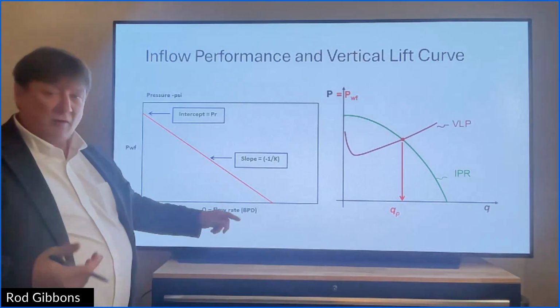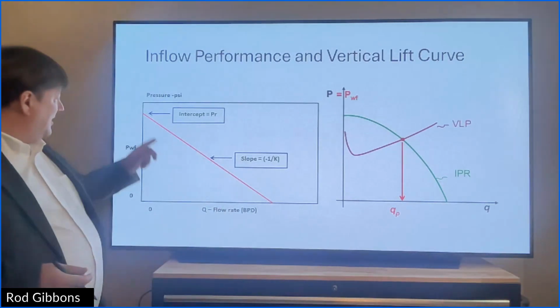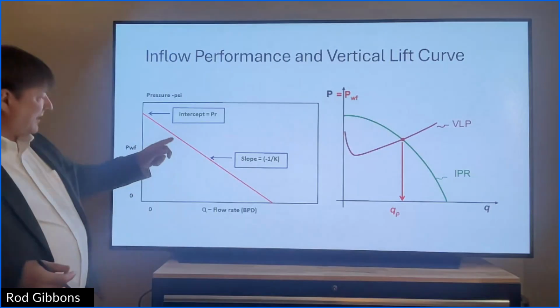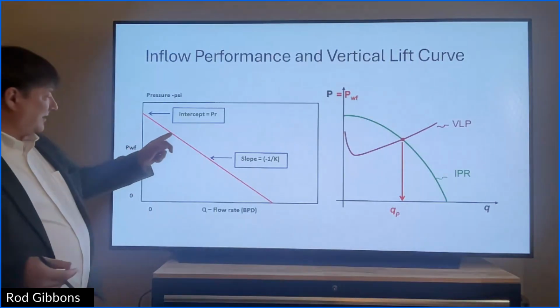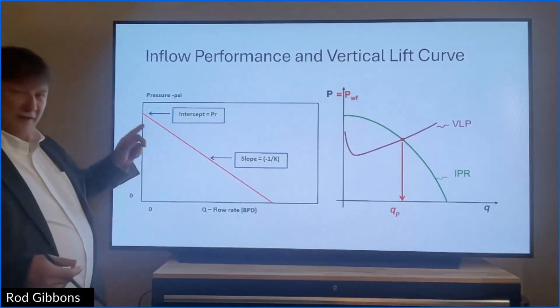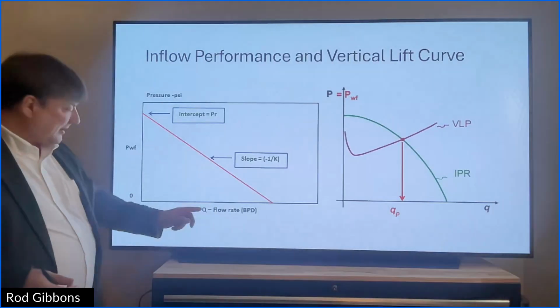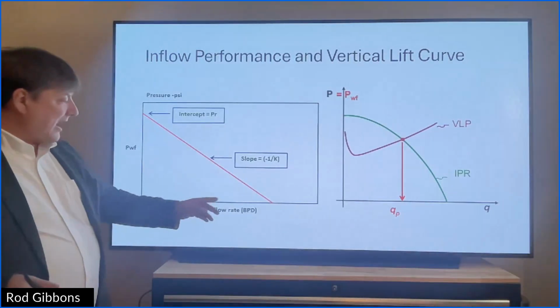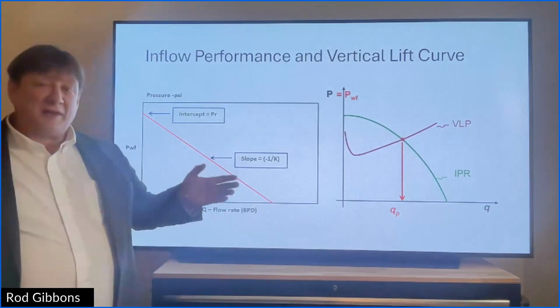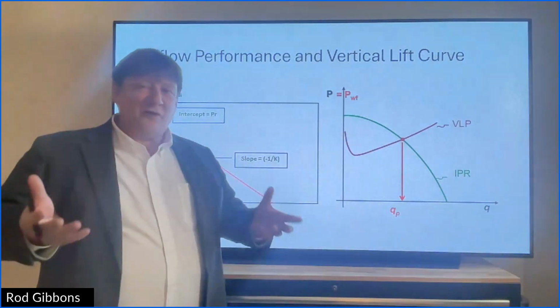If you're flowing at a flow rate of, say, 100 barrels a day, then you can come over here and say, okay, now the pressure is down to here, and at a higher flow rate, down to here.